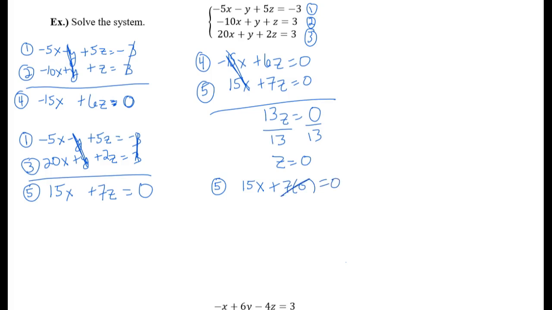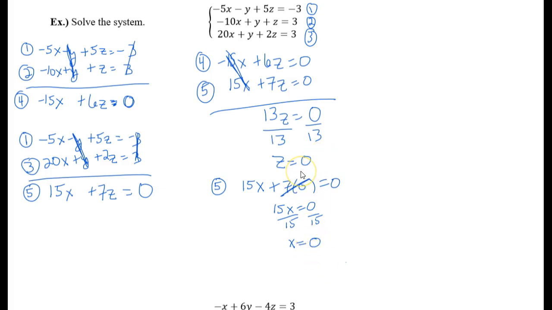Anything times 0 is 0. Then I have 15x equals 0. Divide both sides by 15. 0 divided by a number is still 0. You might stop and say, wait a second, this can't be right. I have 2 zeros. No, just keep going. Let's see what else we can get.